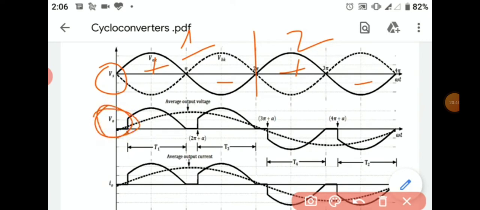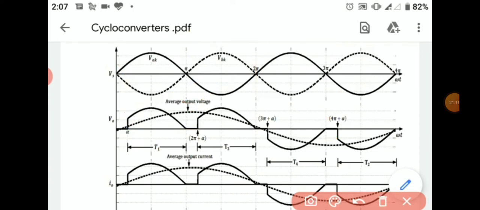That is, in the output waveform we can see that the full cycle from input is converted into a positive peak, and a second full cycle from input is converted into a negative peak. So we have stepped down the frequency coming from the input.